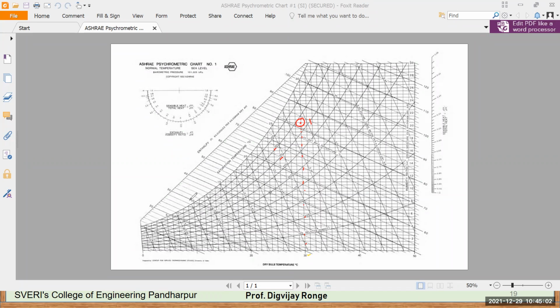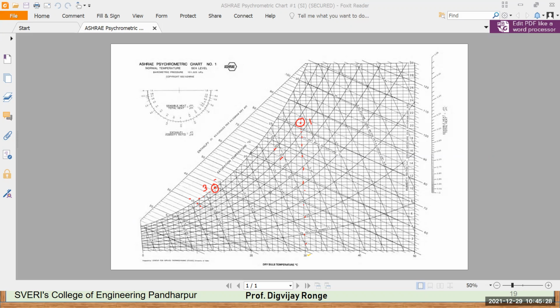So here I can see there is 10, there is 15, and there are some constant WBT lines, right? I have to locate 14 degrees Celsius dew point temperature. So this is 10, this is 11, 12, 13, and this is 14. So here is my point 3. This is my point 3, that is the dew point temperature of the cooling coil.